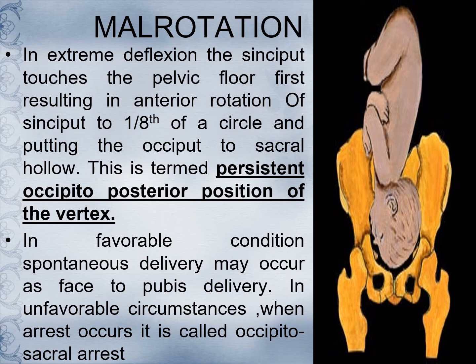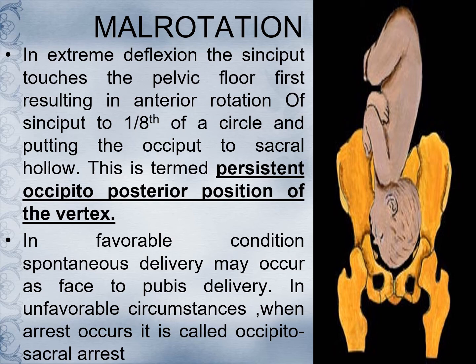If extreme deflection is there, the sinciput touches the pelvic floor first, resulting in the anterior rotation of the sinciput by 1/8 of the circle and putting the occiput in the sacral hollow. Here, when the sinciput is rotating 1/8, the occiput will be in the posterior position in the hollow of the sacrum, and that leads to the persistent occipito-posterior position of the vertex.